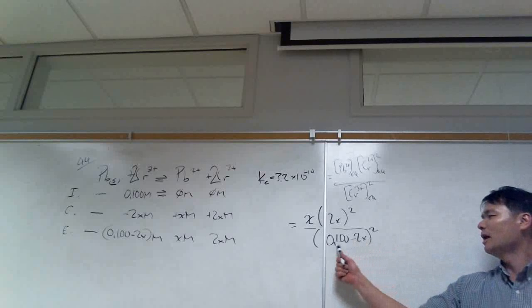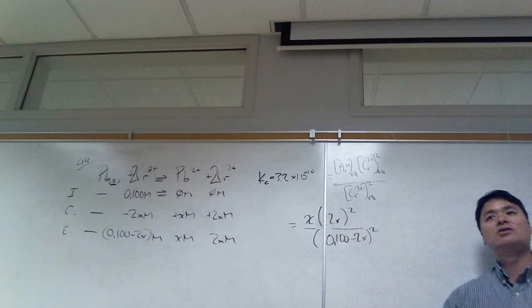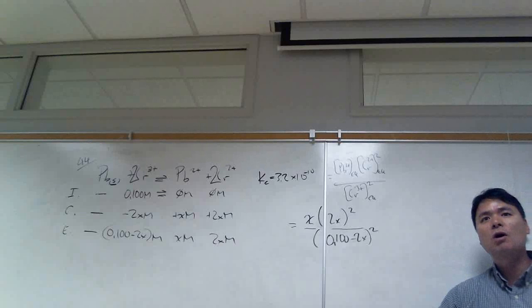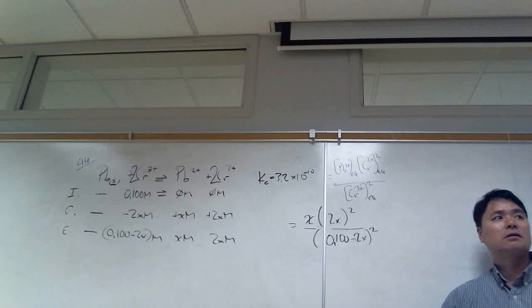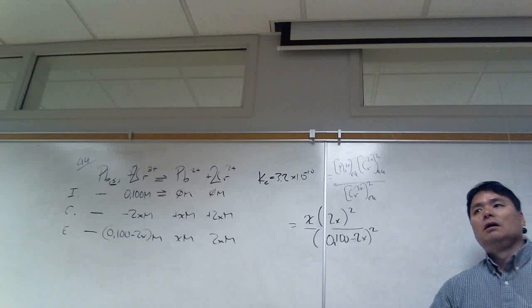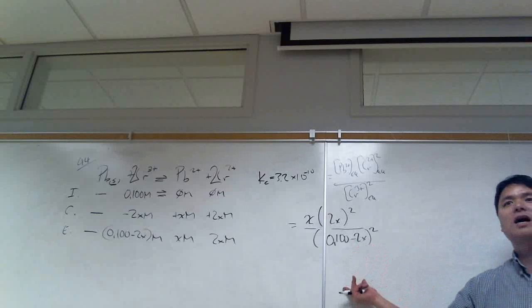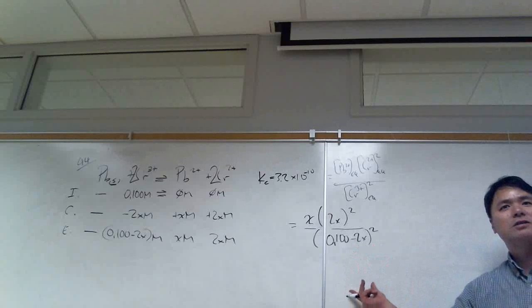We have to multiply out this binomial and then get it into quadratic form, ax squared plus bx plus c equals 0, and then either use the quadratic formula or your calculator to solve that, correct? Which isn't difficult, but it takes time, right? To get this into quadratic form takes time, and to solve the quadratic equation takes time.